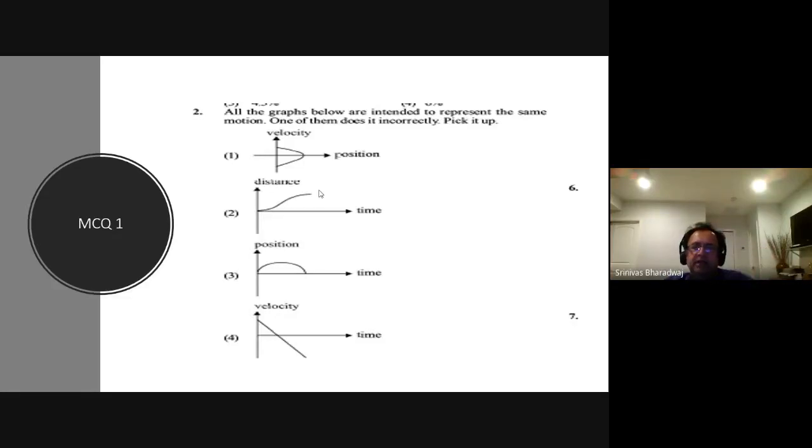So the main thing is that if you're constantly decelerating, the distance you travel will be parabolic. See, if you had this, then up to one point, it will also be like this. The distance you travel initially will have to match the position up to the point where it changes, right? Then it will keep increasing.